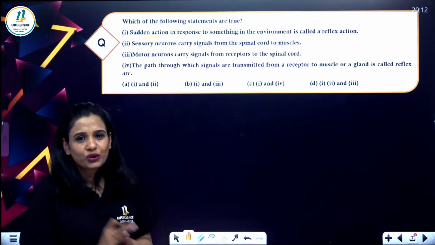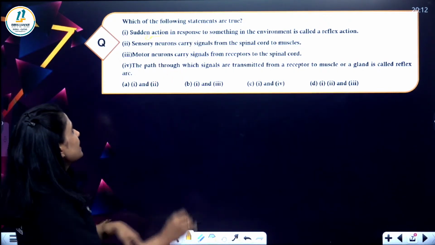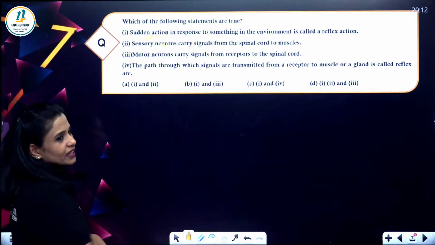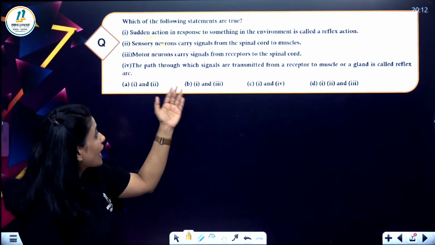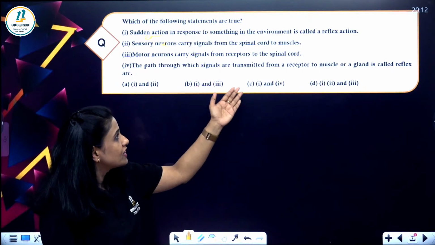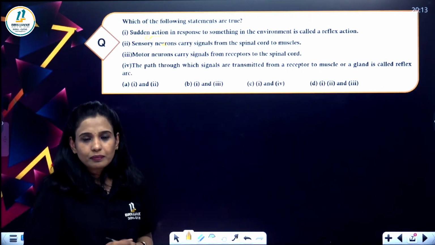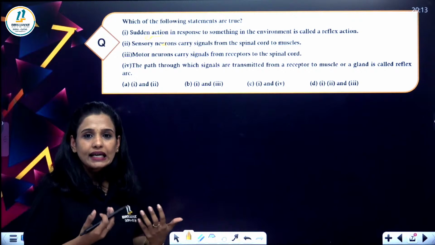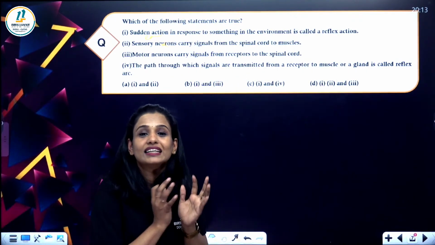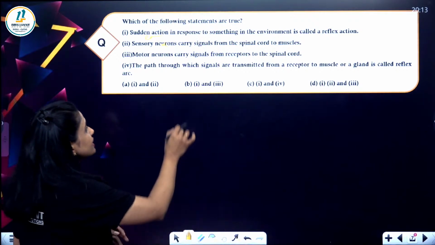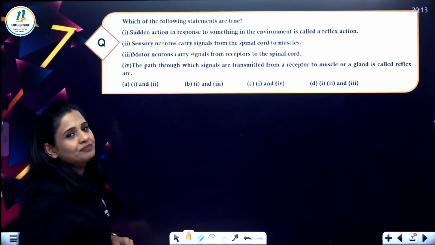So this statement is wrong. See the third one. Motor neurons carry signals from receptors to the spinal cord. No, it is sensory neuron. So this statement is also wrong.